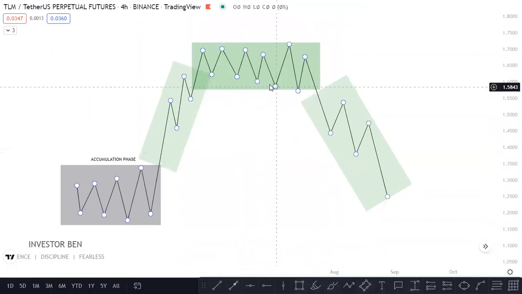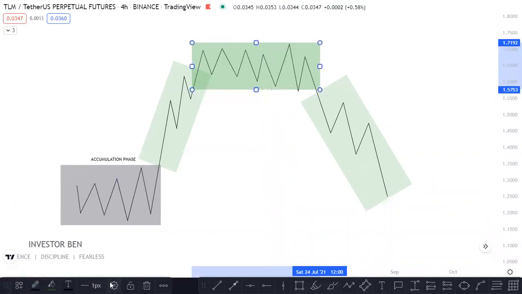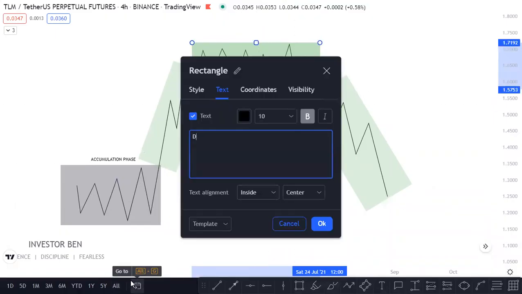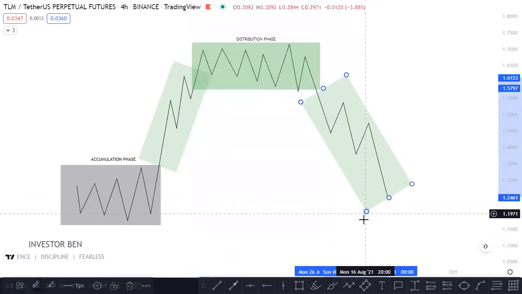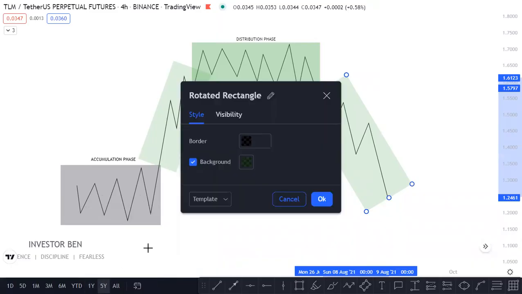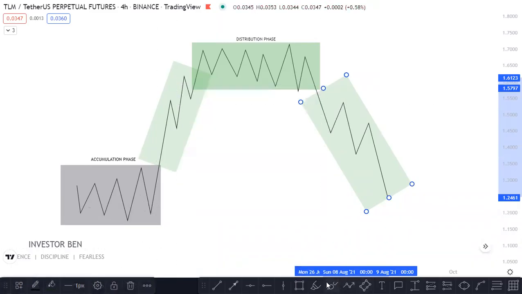This is the distribution phase. The distribution phase, this is your markdown, right?